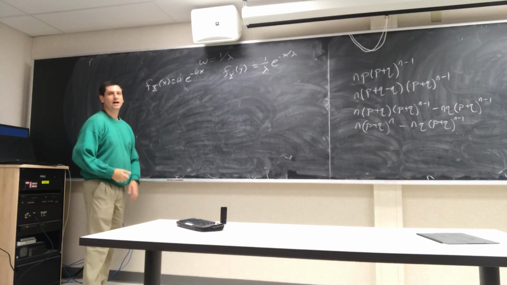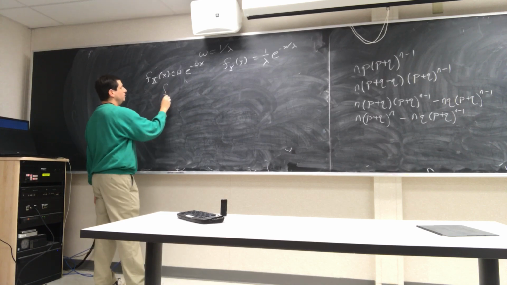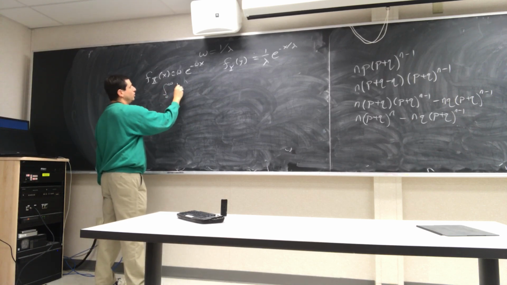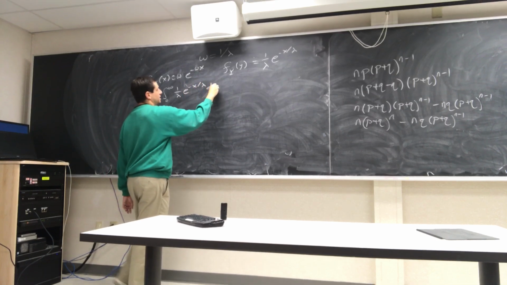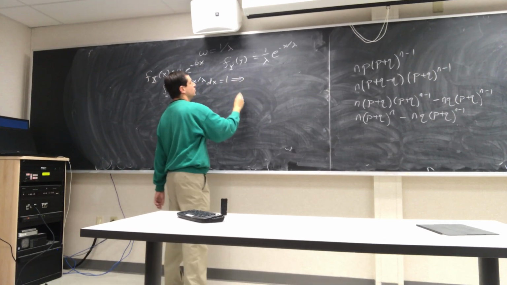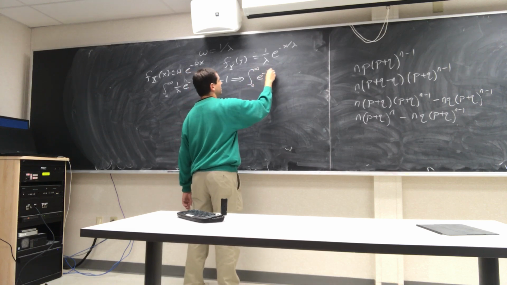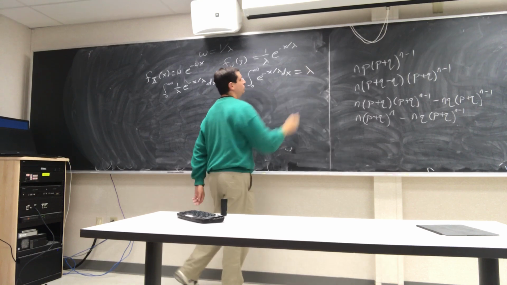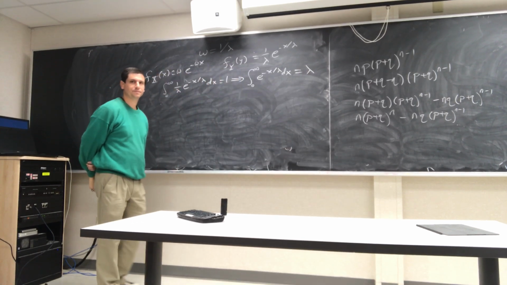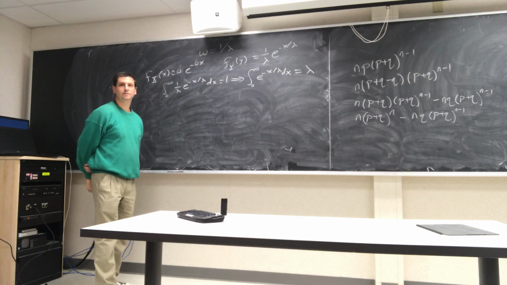We need an identity. So we know the integral from 0 to infinity of 1 over lambda e to the negative x over lambda dx equals 1. So my identity is the integral from 0 to infinity of e to the negative x over lambda dx equals lambda. So there's my identity. Okay?